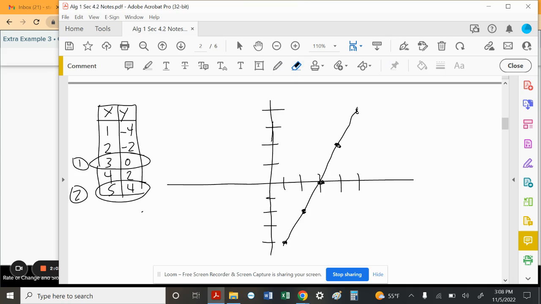It'd be 4 minus 0, because here's my y2 and my y1, and over here is my x2 and my x1. So that's 4 over 2, which of course is 2. So that would be my slope, or my rate of change, which means the same thing.